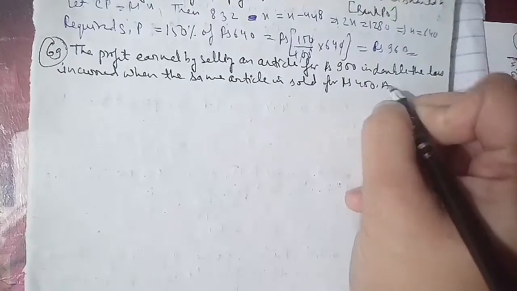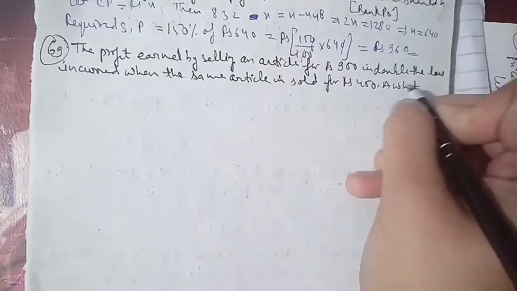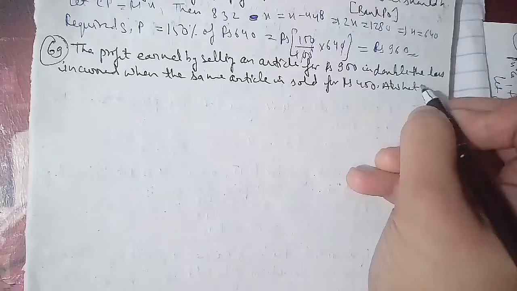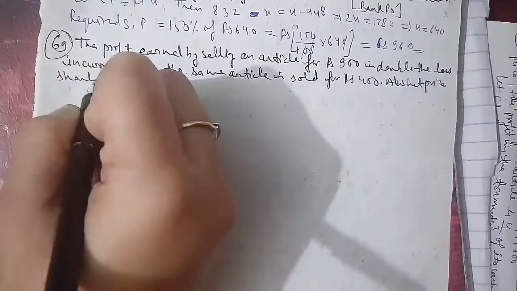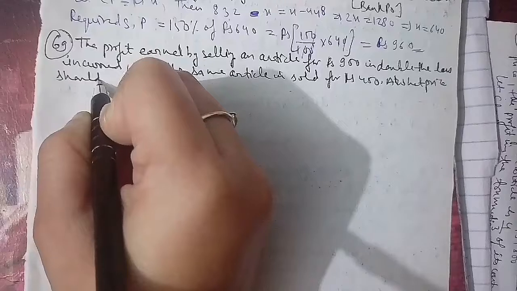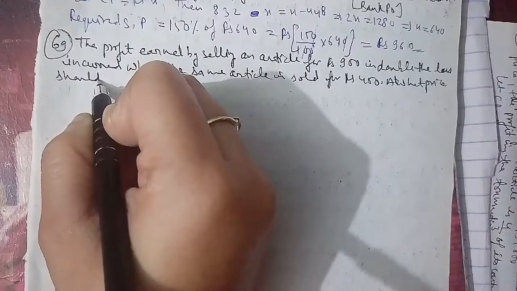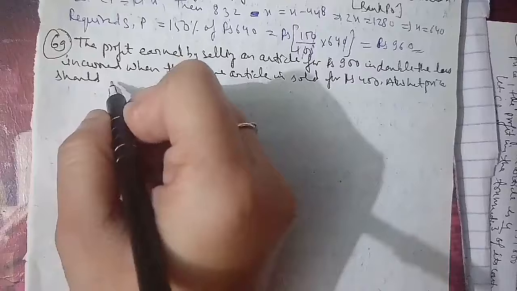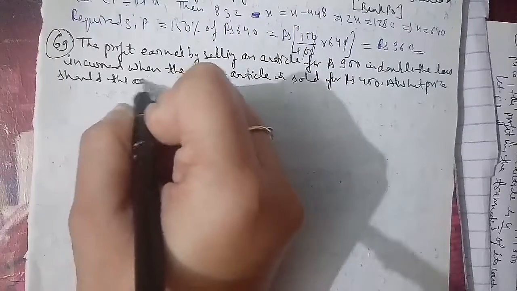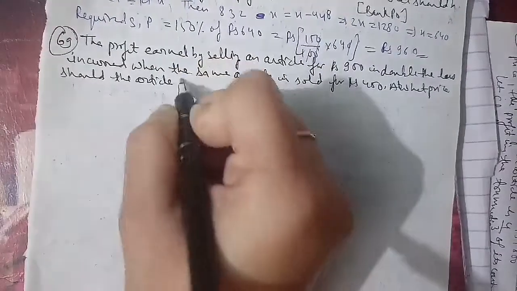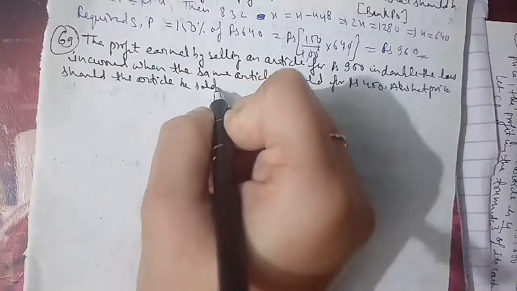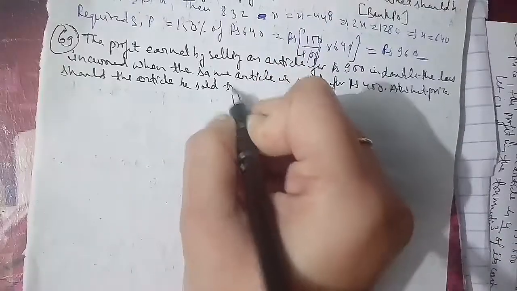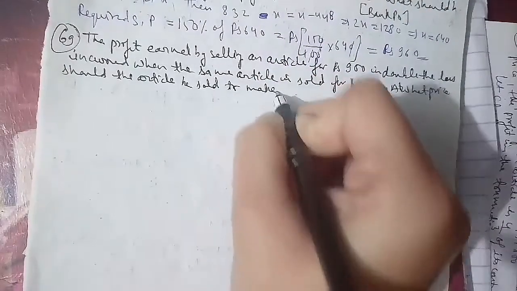At what price should the article be sold to make 25% profit?